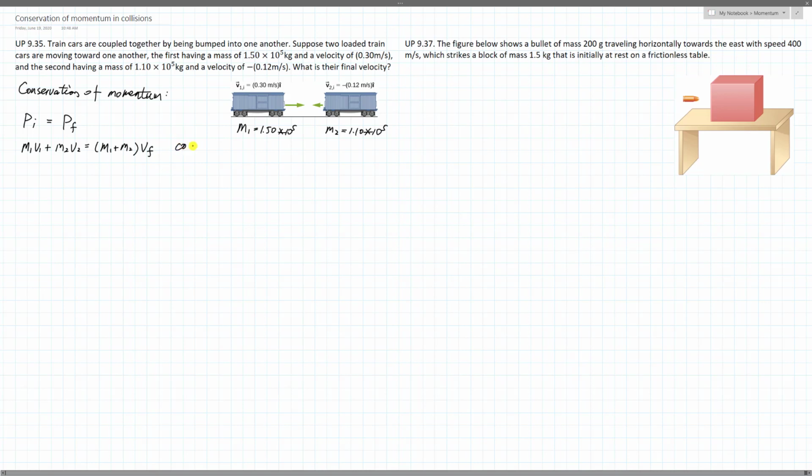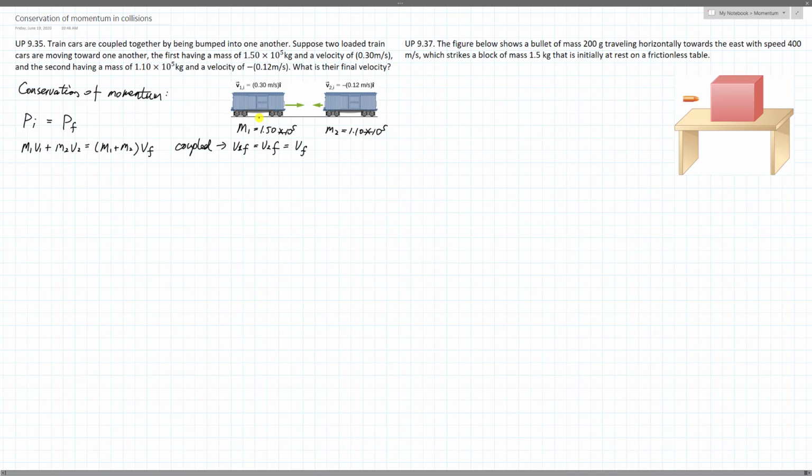Coupled means v1's final equals v2's final, and we may as well just define a single final velocity. So we combine the masses because they're moving at the same speed.